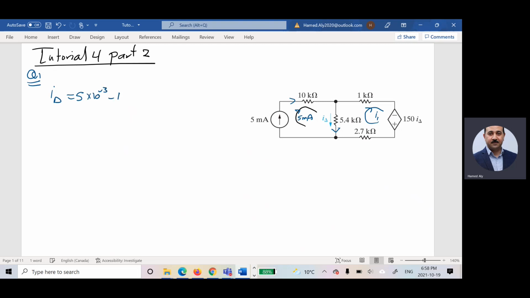Then I'll say summation, the voltage for each mesh is equal to 0. Which mesh should I use first? Should I use this mesh first or this mesh first? For I1, why for I1? Okay, why shouldn't I use this guy?